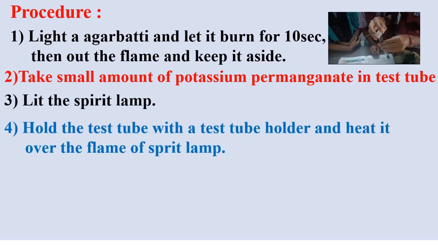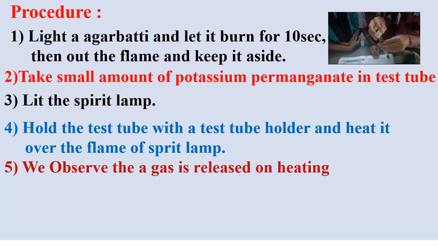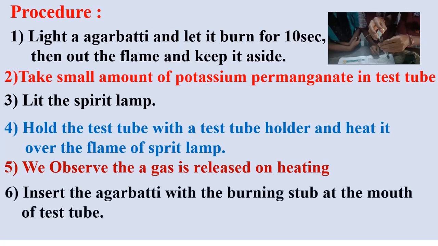Hold the test tube with a test tube holder and heat it over the flame of the spirit lamp. We observe a gas is released on heating. Insert the agarbatti with the burning end at the mouth of the test tube. This is the procedure. Now observe the video.